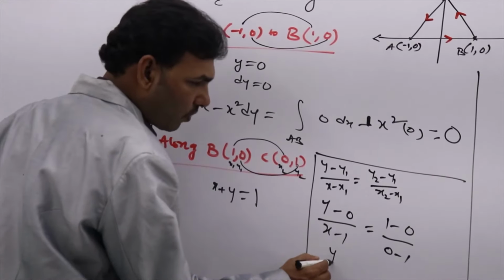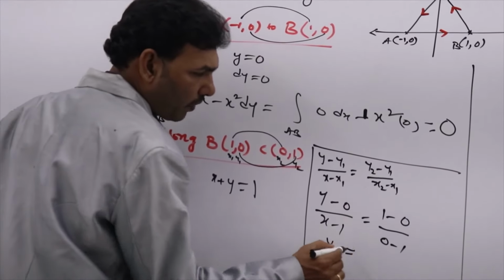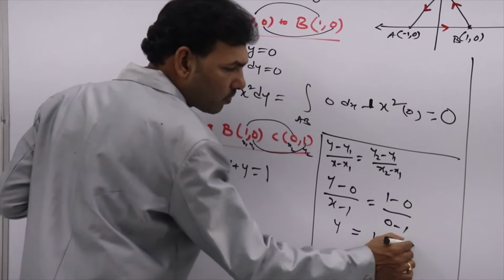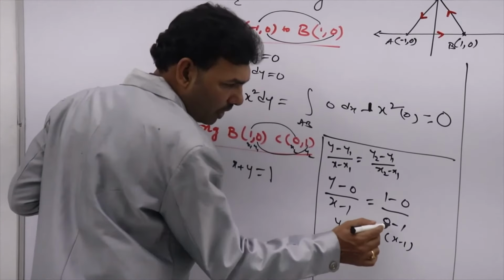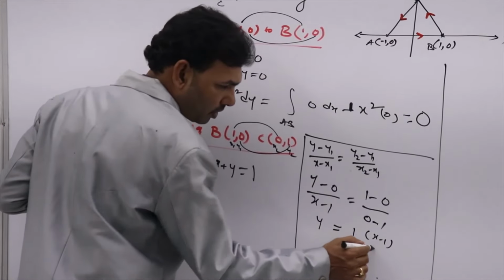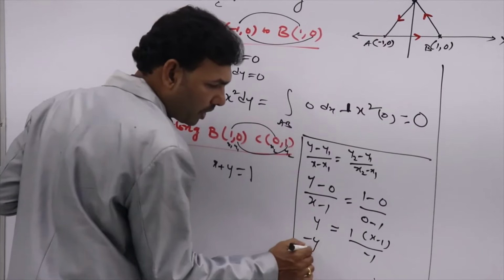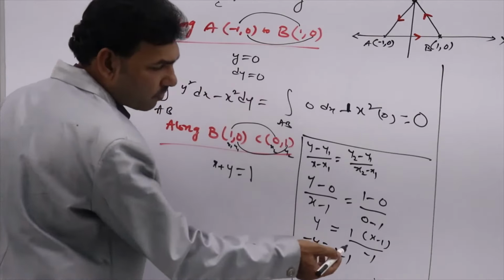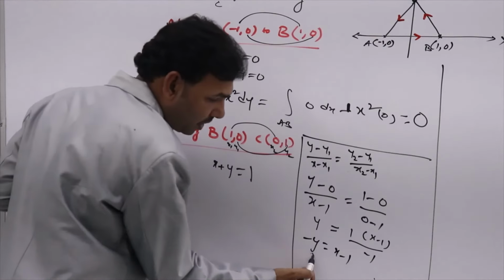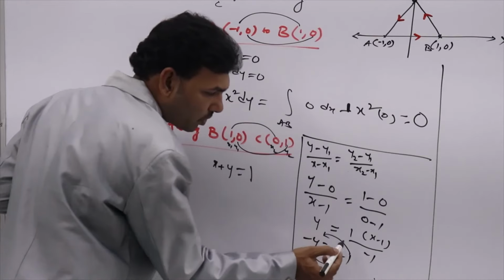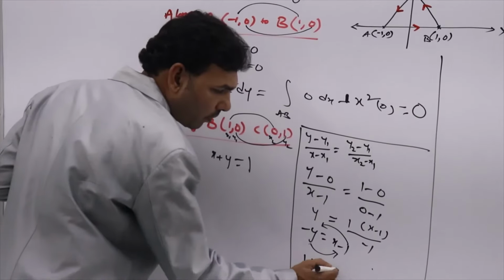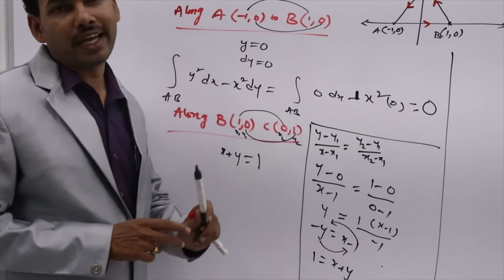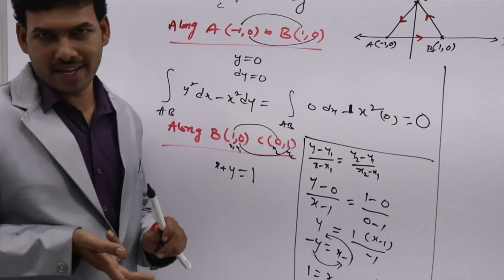So y minus 0 is y, equal to x minus 1 by minus 1. Taking minus 1 to the other side, minus y equal to x minus 1. Take minus y to one side and minus 1 to the other side, then you will get 1 equal to x plus y. So this is the way of finding the equation between 2 points when 2 variables are varying.